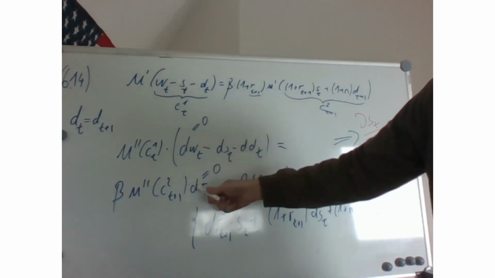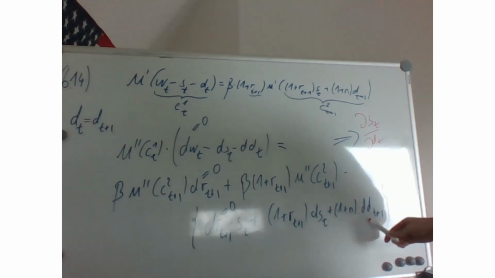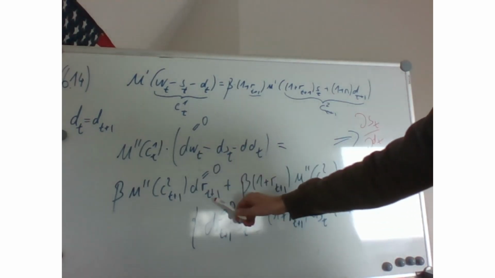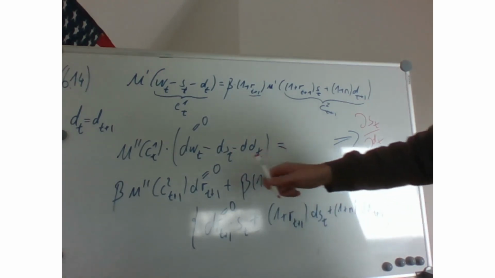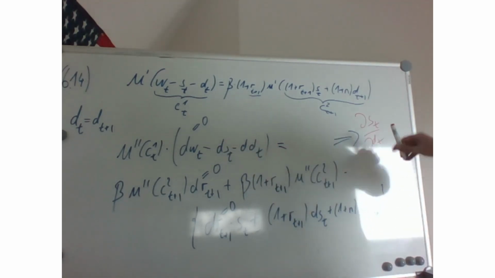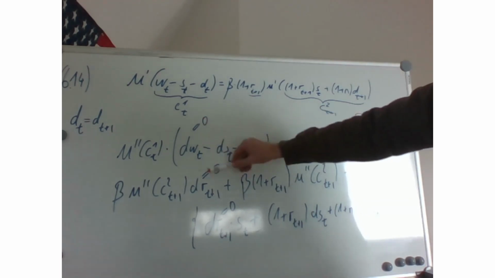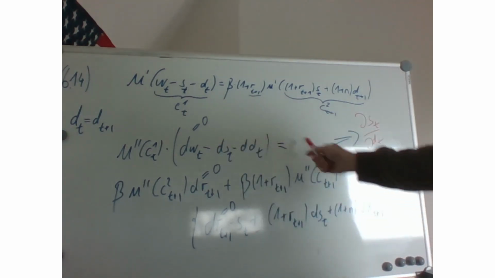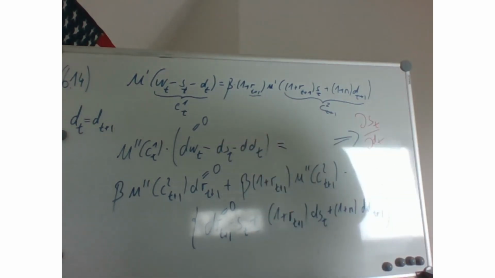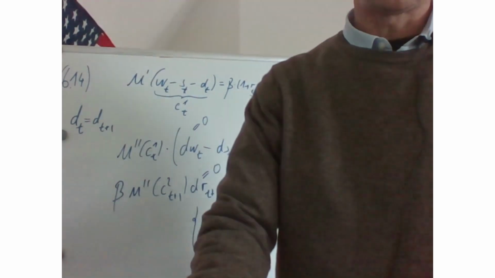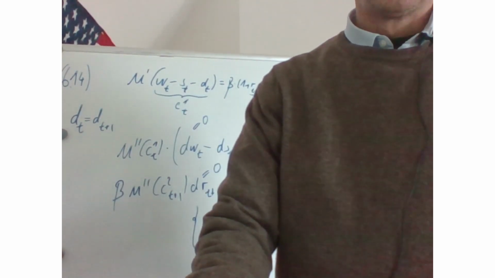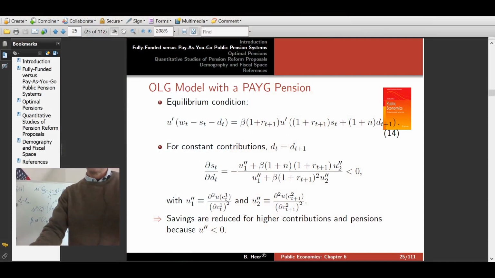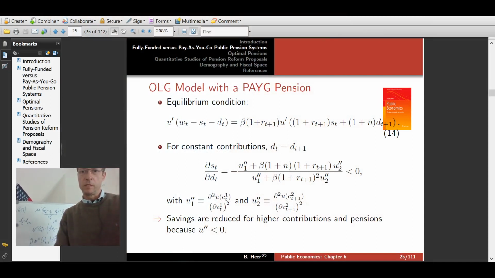So setting these differentials equal to 0, dWt and dRt+1, solving for dSt and dDt, and noticing that when we set this to 0, we do not have the total differential anymore, but the partial differential, and we just have to use algebra to solve this equation. And this solution here is presented to you on slide 25.